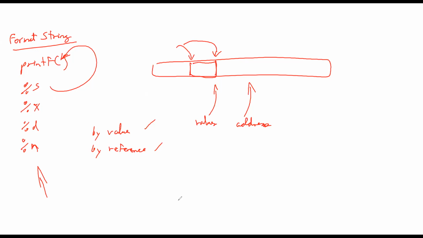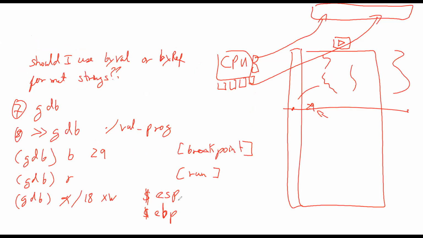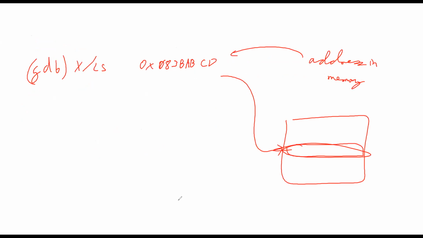So you'll explore these individual format strings. That's one of the labs that you can try out. So these are some of the commands that you can try out this time.